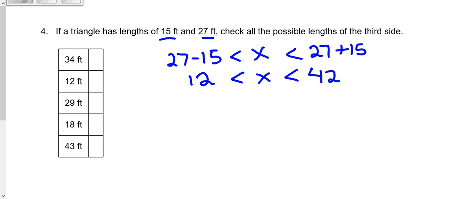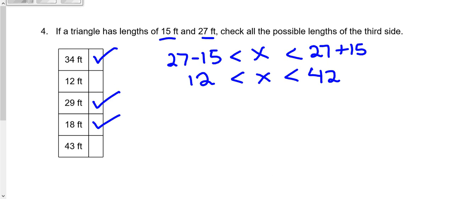So we look at 34. 34 is bigger than 12 and smaller than 42, so that's an answer. 12 is not bigger than 12, so we can't choose that. 29 is bigger than 12 and smaller than 42, so that's an answer. 18 is bigger than 12 and smaller than 42.